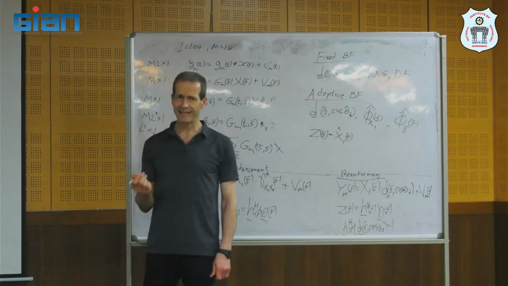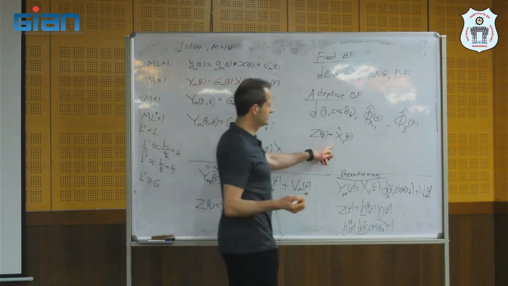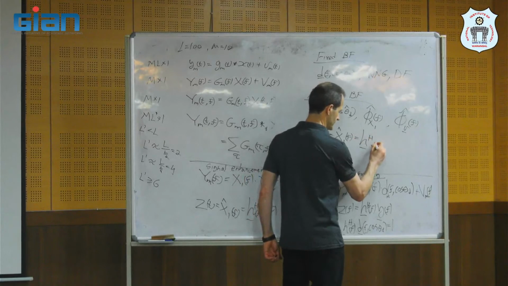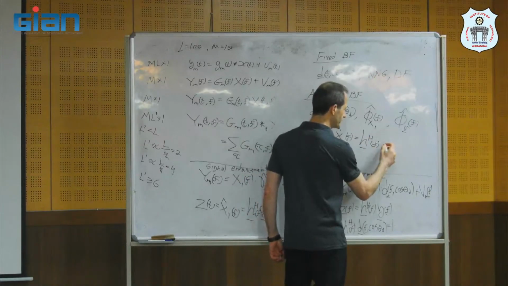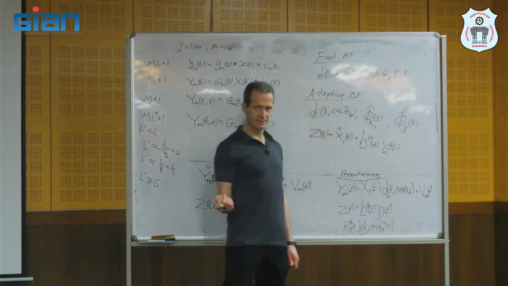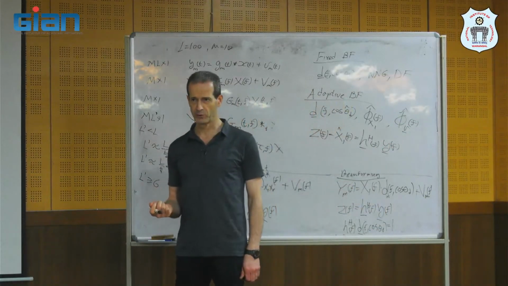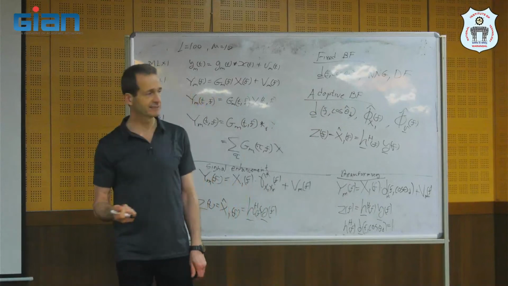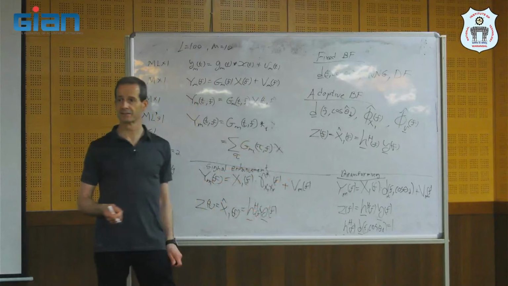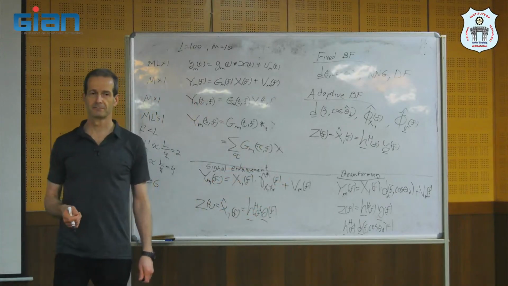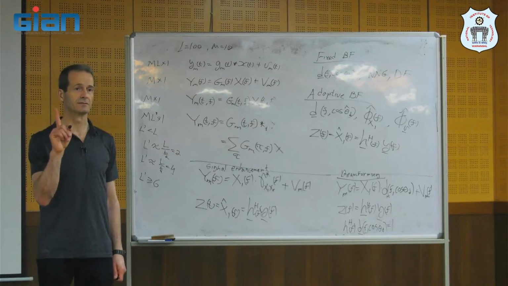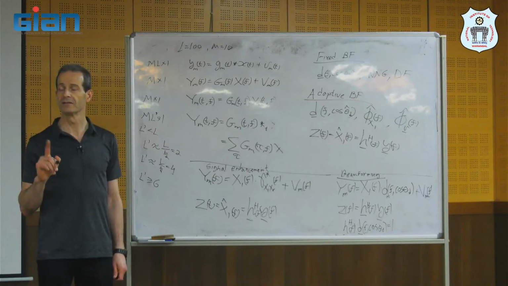So if I estimate the desired source using a beamformer that is applied to the noisy measurements, then what's the difference between adaptive beamforming and signal enhancement? What's the difference? What do you think? One difference.